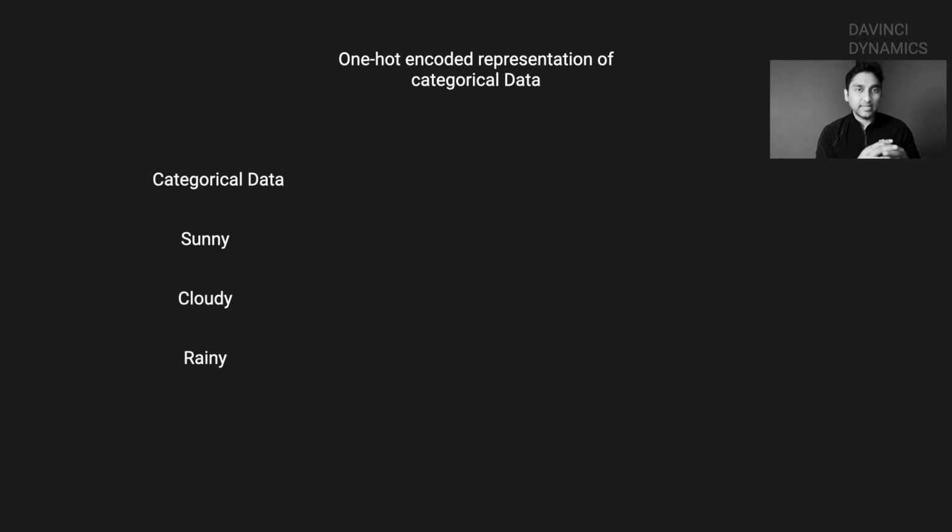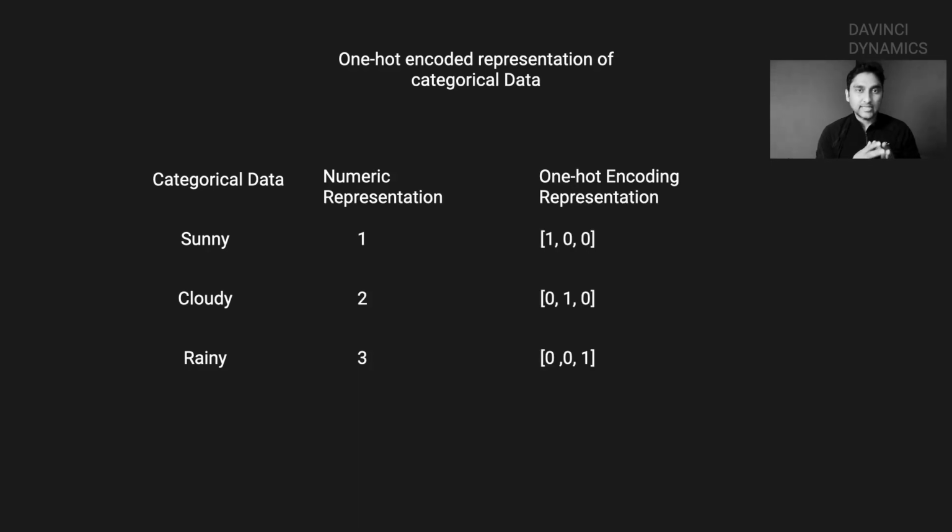Instead of representing these as 1, 2, 3, which could imply some sort of order or magnitude, we use one-hot encoding. Sunny might be 1, 0, 0. Cloudy could be an array of 0, 1, 0. Rainy could be an array of 0, 0, 1. Each category is equally distant from each other and there is no ambiguity.